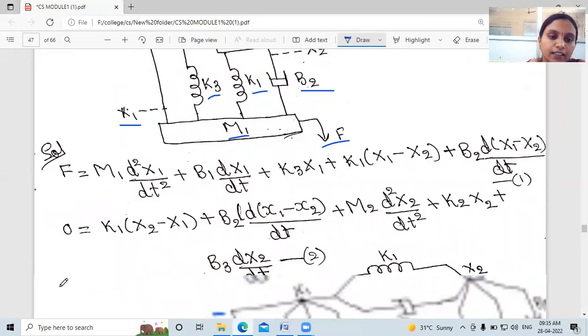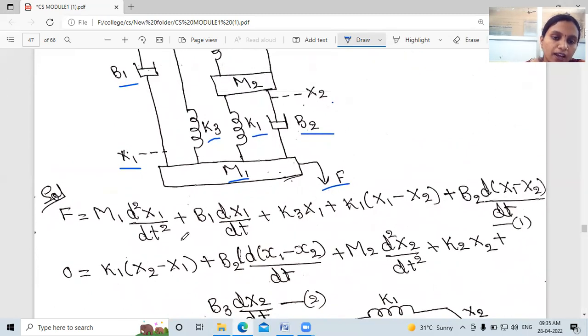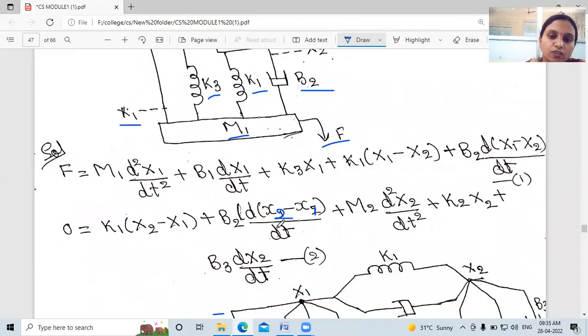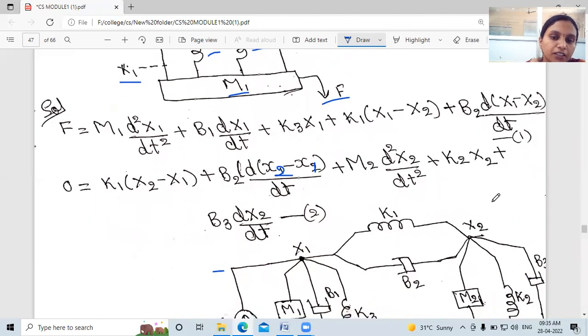When you write the equation for the second displacement, there is no force. So 0 is equal to K1 (x2 minus x1) plus b2 d of (x2 minus x1) by dt plus m2 d squared x2 by dt squared plus k2 into x2 plus b3 into dx2 by dt.